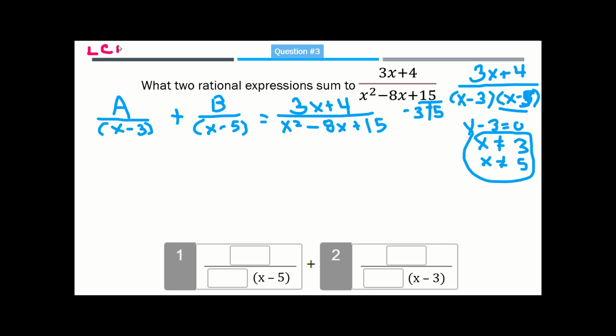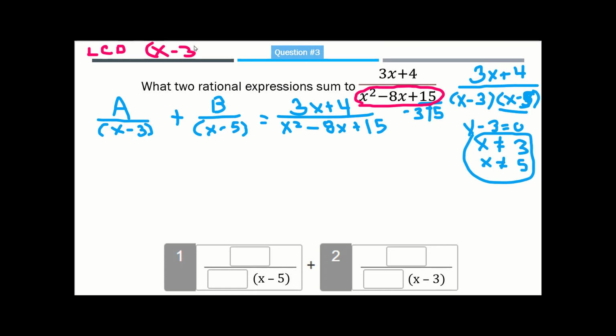We know what that is because we factored this original trinomial into x minus 3 times x minus 5. So we're going to multiply every term by the lowest common denominator.